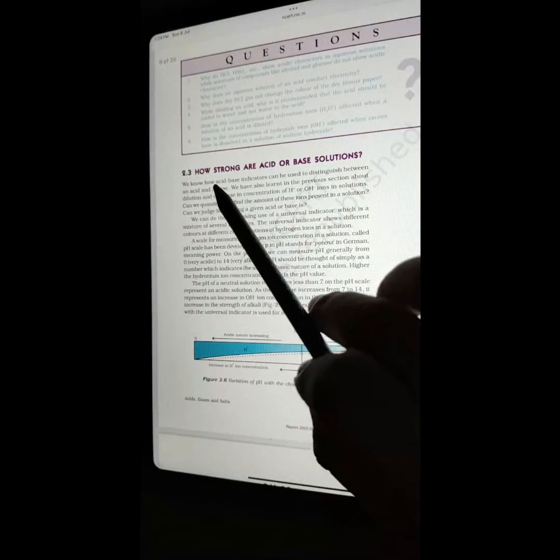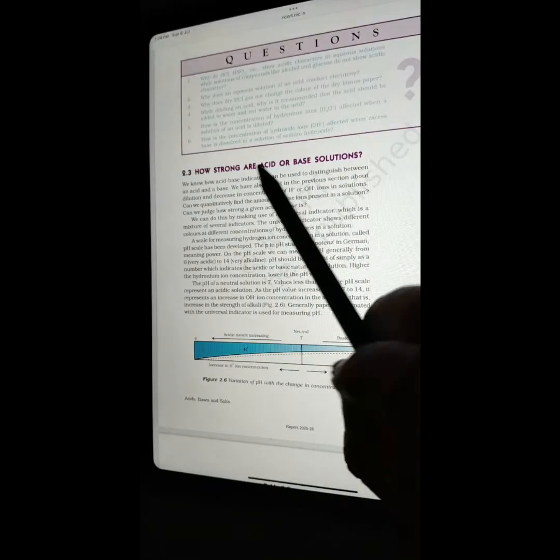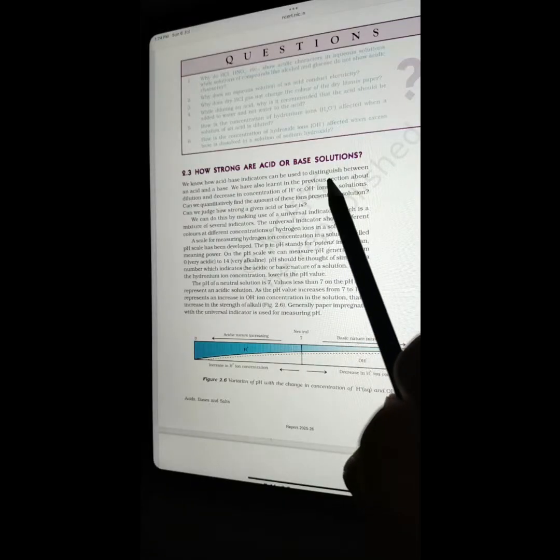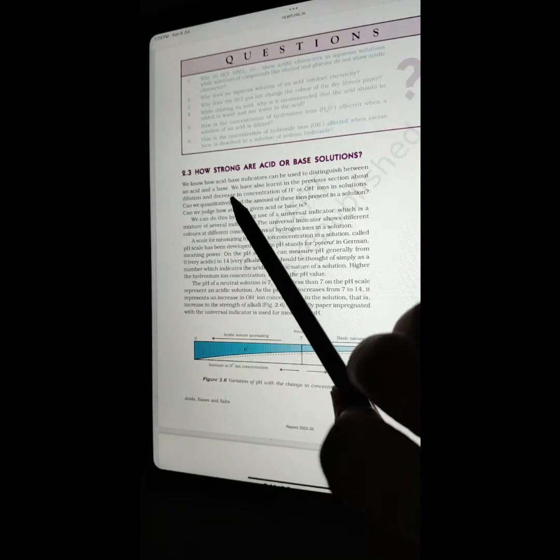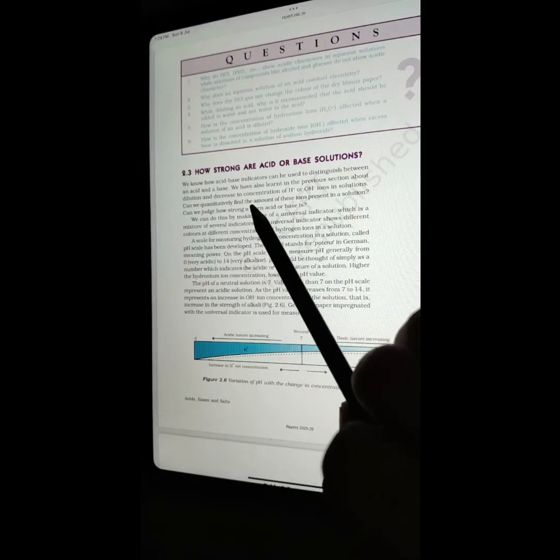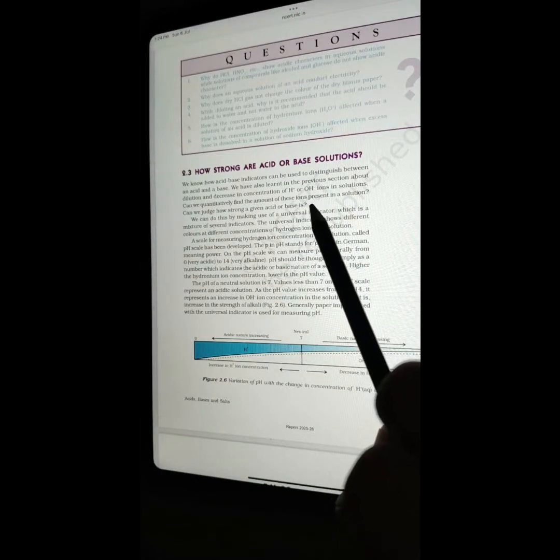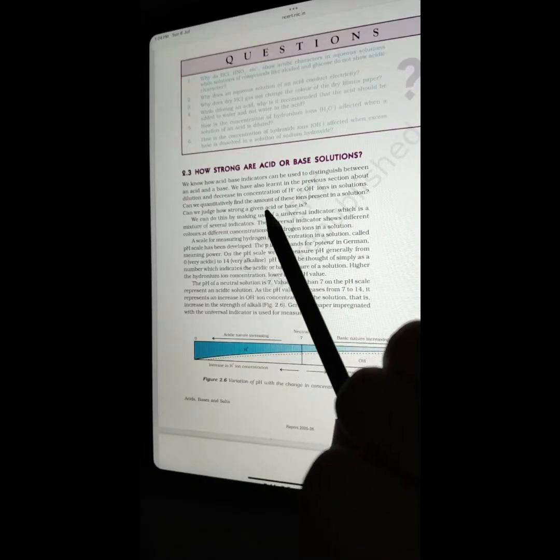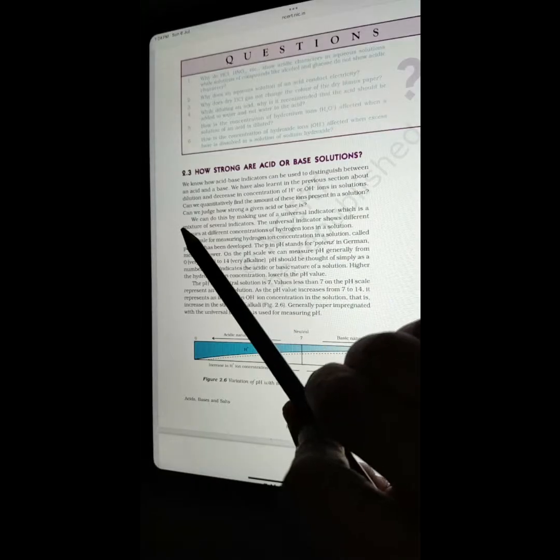2.3 How strong are acid or base solutions? We know how acid-base indicators can be used to distinguish between an acid and a base. We have also learned in the previous section about dilution and the decrease in the concentration of H+ and OH- ions in solution. Can we quantitatively find the amount of these ions present in a solution?